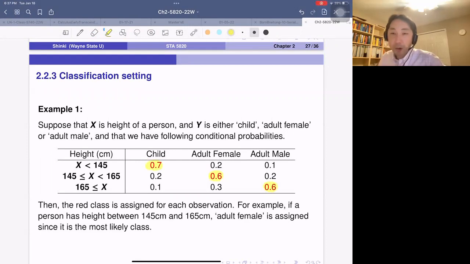Suppose we set some rule: if X is less than 145 centimeters, we regard that as child; between 145 and 165, adult female; more than 165, adult male. If the probabilities are given by these numbers, then these are correct decisions, and the others are incorrect decisions.